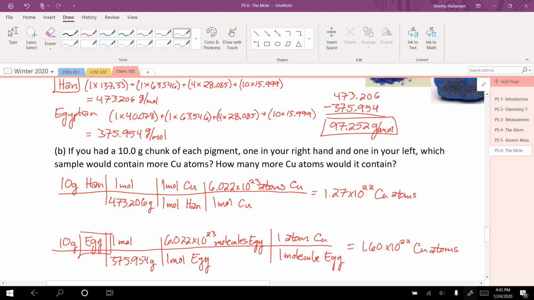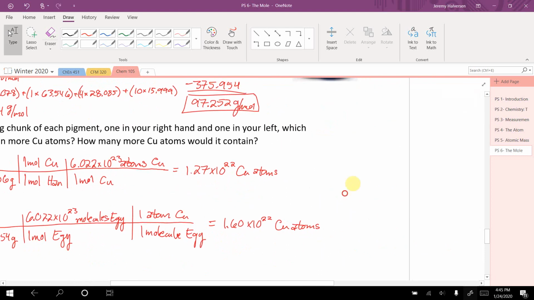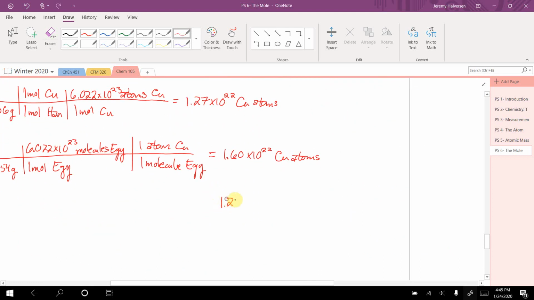Egyptian. Right, because it's a bigger number, obviously. And then how many more? If I just do the math, 1.27 times 10 to the 22 from 1.60 times 10 to the 22, I get 3.3 times 10 to the 21.